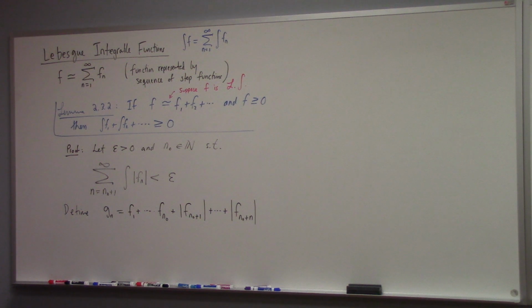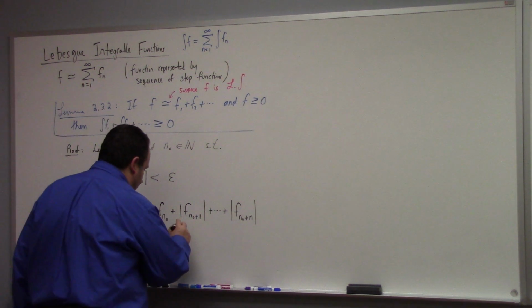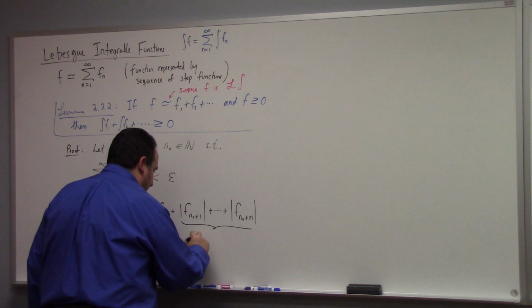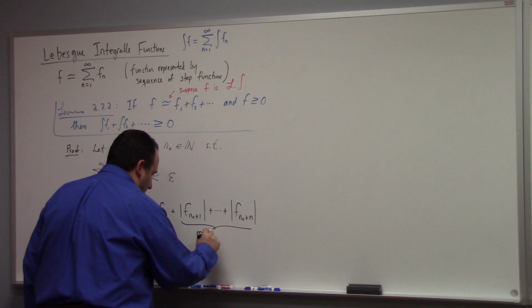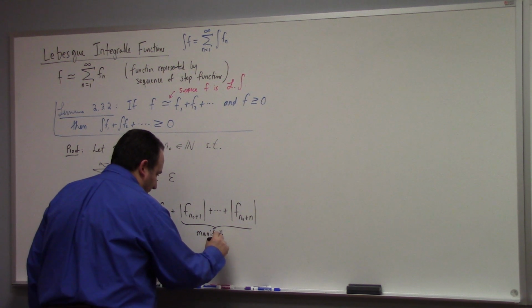Why is Gn non-decreasing? Is it because it's starting at n naught plus 1, so everything we're adding is greater than or equal to 0? Oh, well, I mean, this is true, right? This is manifestly non-negative, right?